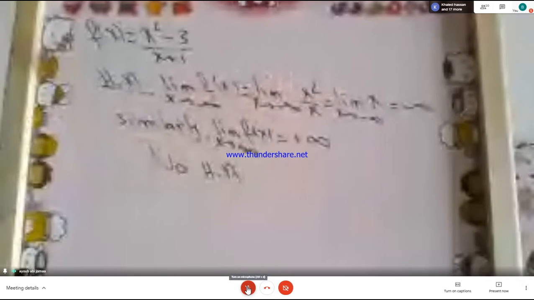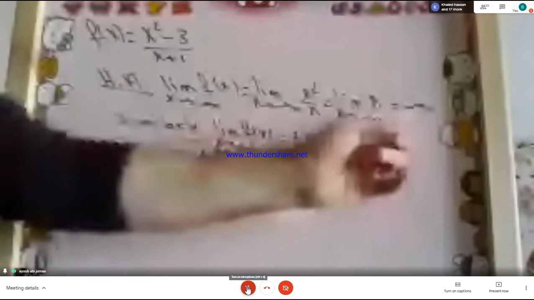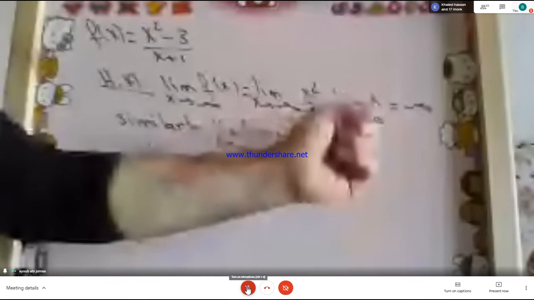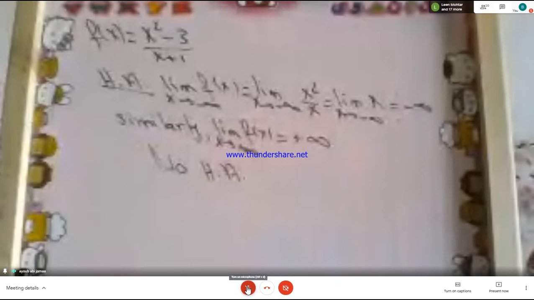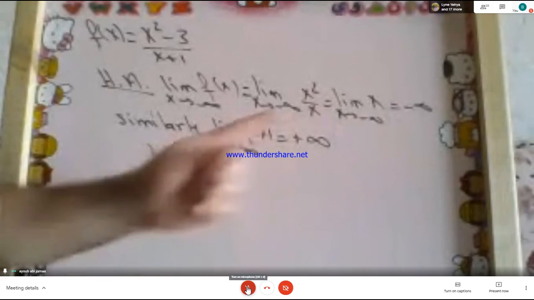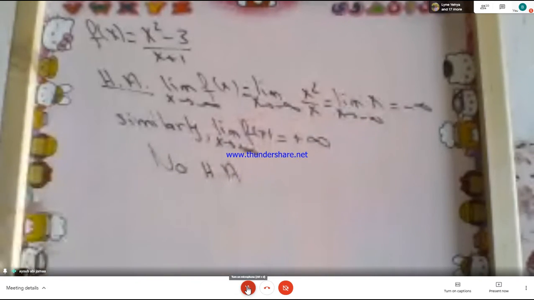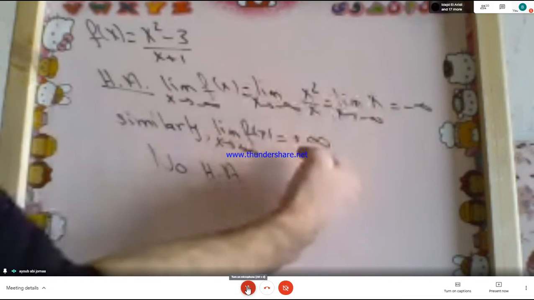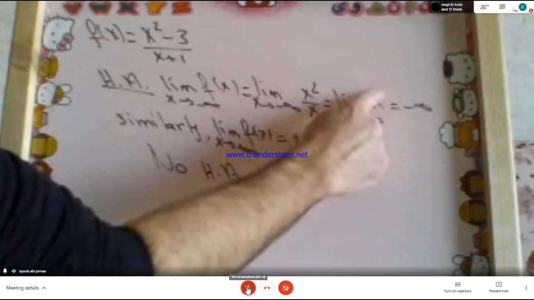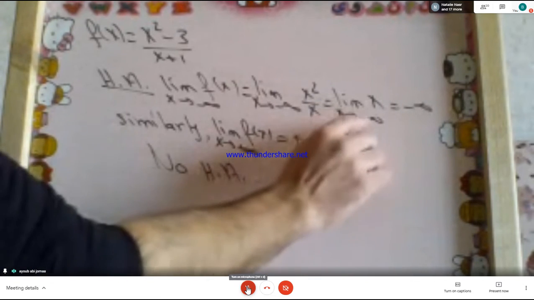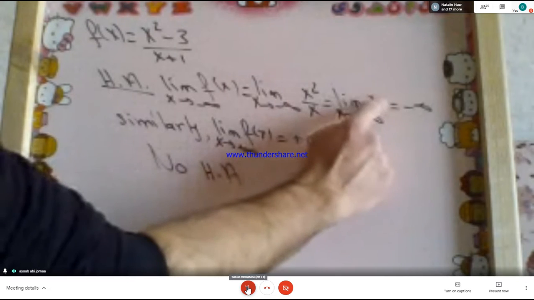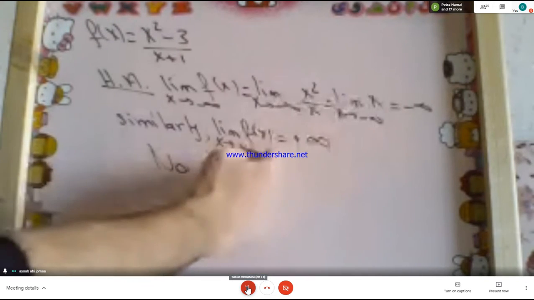Sometimes we have the same limit, sometimes different limits, according to the exponent of x here. If it was even, you would have the same limit. If it was odd, you would get the opposite. When you replace x by negative infinity, negative with an even exponent will be positive, so it stays the same.